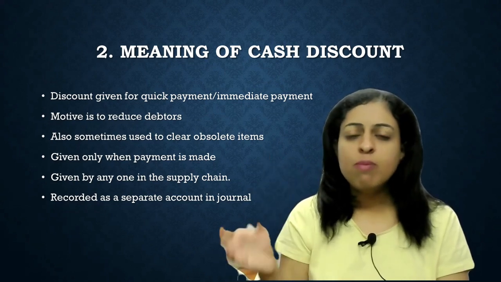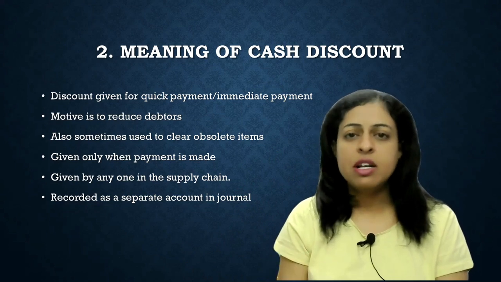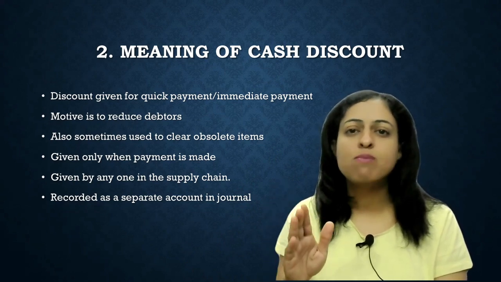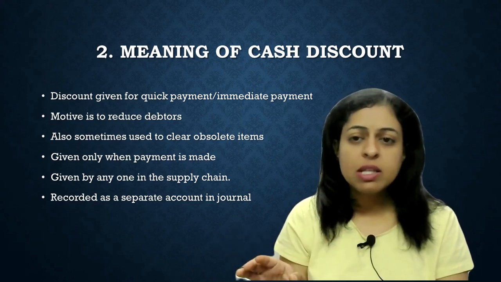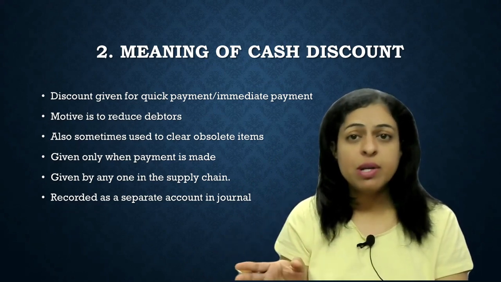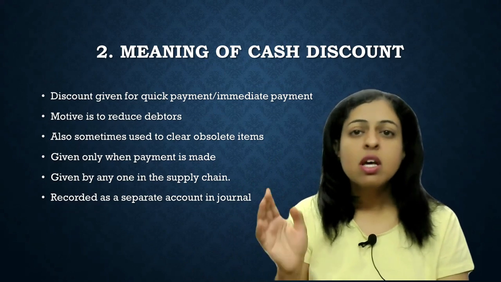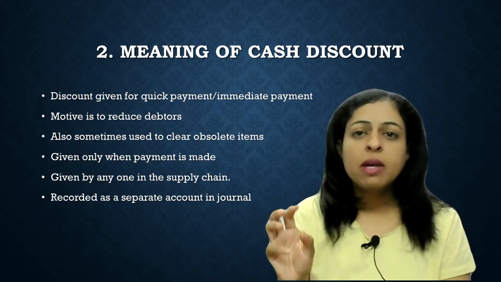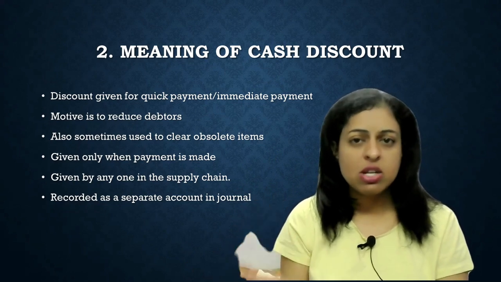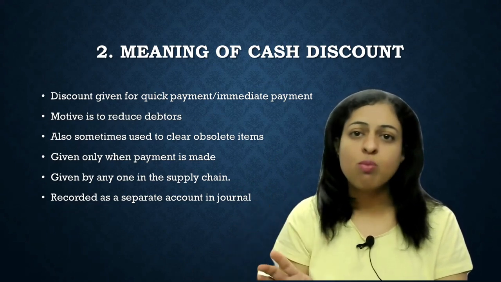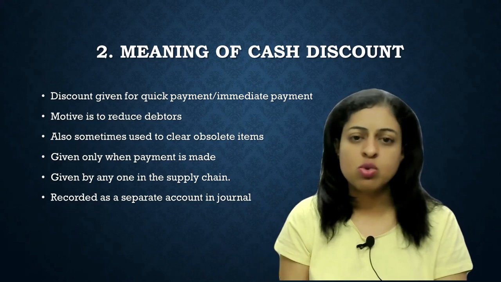So even if they pay, even if they don't pay, they get trade discount. But cash discount is subject to payment. So if the person does not make the payment in the stipulated time period, you will not give them cash discount. So the seller is not going to give the cash discount. This is a very important point when you're talking of cash discount.